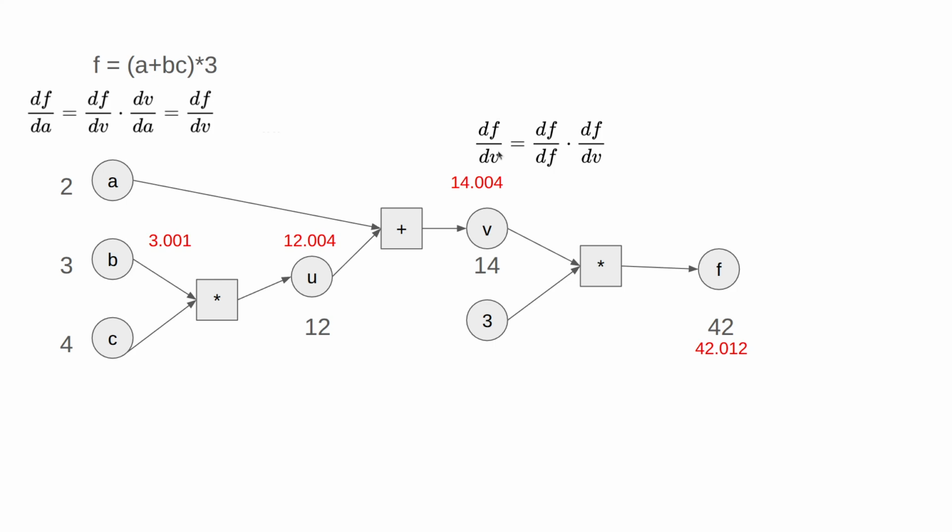Actually, we don't really need to look at v directly, because this value, the df dv, will be passed into a backward function in the backpropagation algorithm. We will discuss that later. But for now, we just need to know how we can, using the chain rule, decide the differentiation, or the gradient, of every variable in the system.